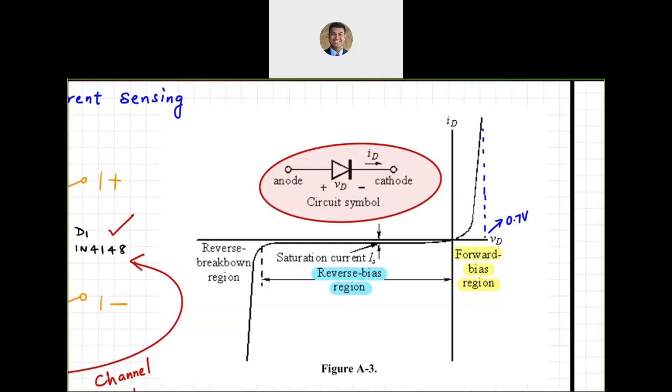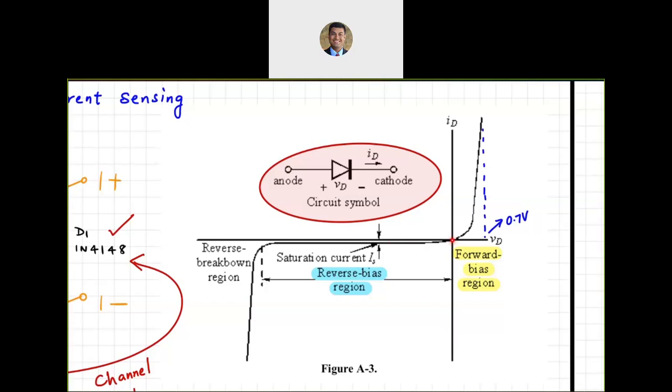In the reverse biased region, I have a very small amount of current called the saturation current, denoted by I sub S, flowing through the diode in the other direction, in the negative direction. But that is going to be of the order of nanoamps, so very small. Theoretically, zero.